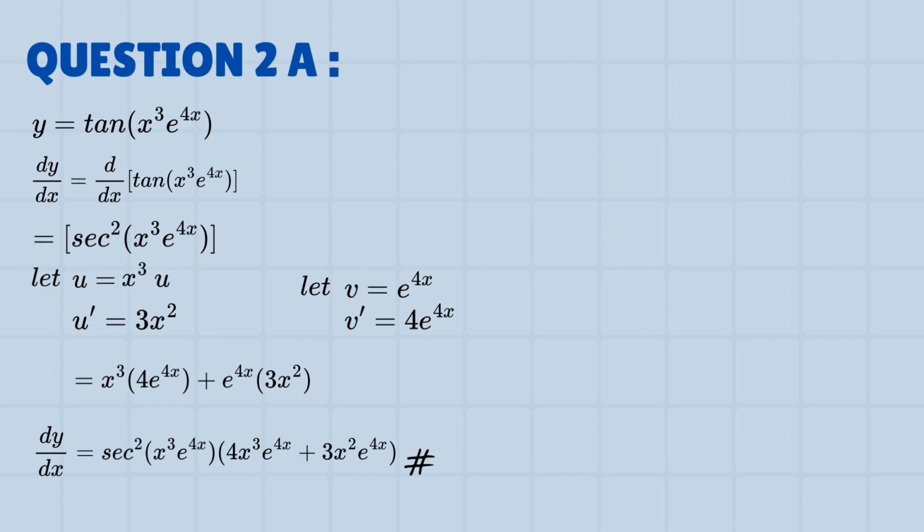Then applying the product rule gives x cubed times 4e to the 4x plus e to the 4x times 3x squared. Lastly, we substitute this result back into the chain rule expression. This gives the complete derivative dy over dx equals secant squared of x cubed e to the 4x times the quantity 4x cubed e to the 4x plus 3x squared e to the 4x.